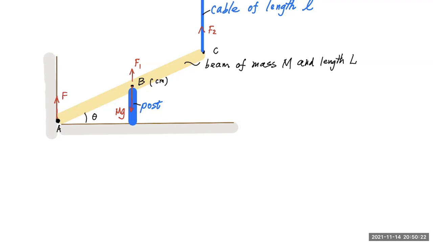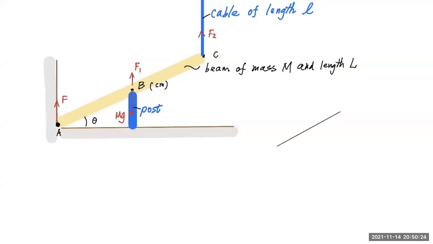If you draw a little triangle like this, from point A to point B, this angle originally is theta, and this length from A to B is half of L. Now this length would be the original length of the post when the angle equals theta, right?